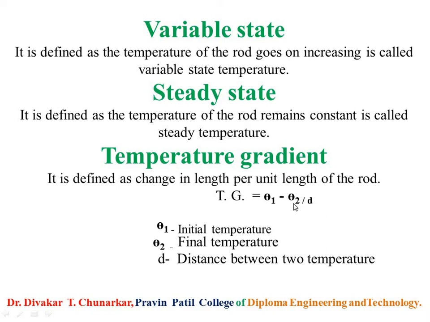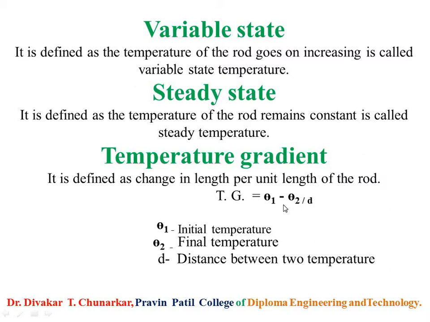This is the definition of conduction without bodily movement. So from this definition, we assume the rod consists of two terminals. The first terminal we heat properly, so that heat goes from one place to another. That heat is going on increasing, so that is called variable state.